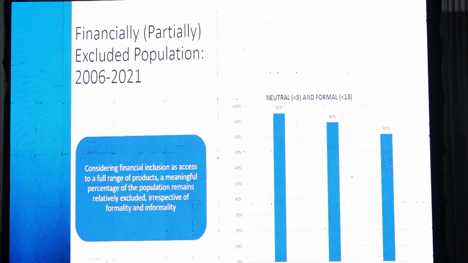We decided to set the threshold at 13 because we have seen from the data sets that a large part of the population was around this score.